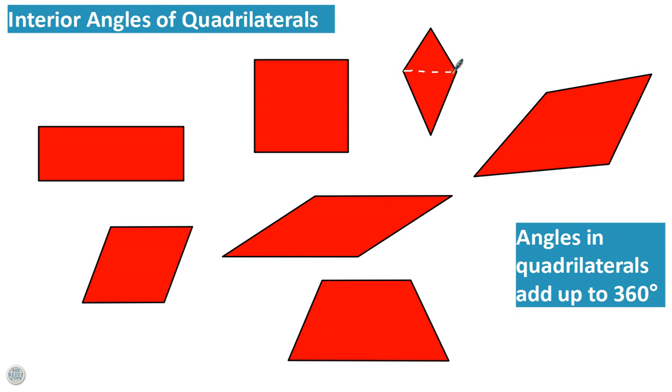an interior angle sum of 180, then you can see, for example, in this kite, there's a triangle at the top with three angles, 1, 2, 3, and those three angles add up to 180, and there's a triangle at the bottom with three angles, and they add up to 180 as well.